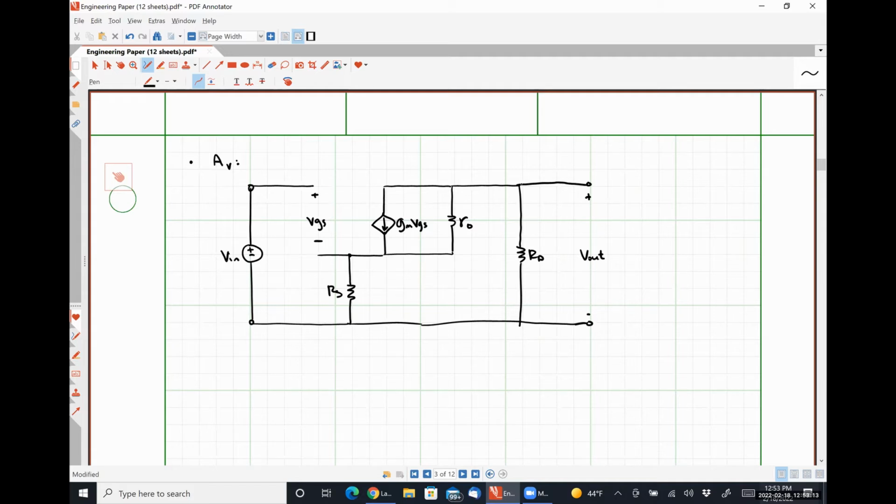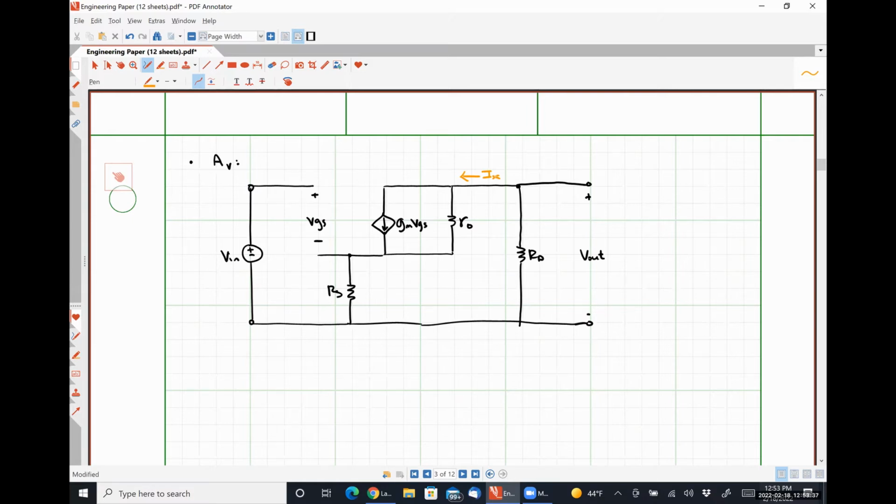So I'm going to label a current here, and I'm going to call this current IX. And IX is the current that flows out of the positive polarity terminal of our resistor RD.